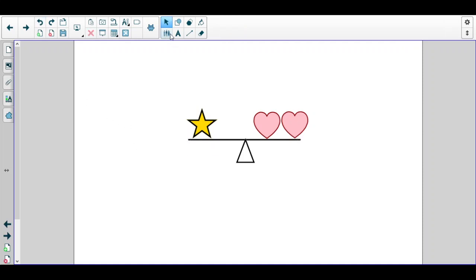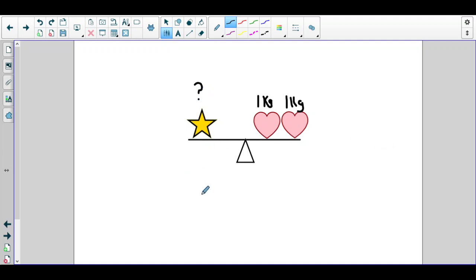If I said that each of these hearts here weighed 1 kilogram, so we have 1 kilogram here and 1 kilogram here, what would be the weight of this star right there?